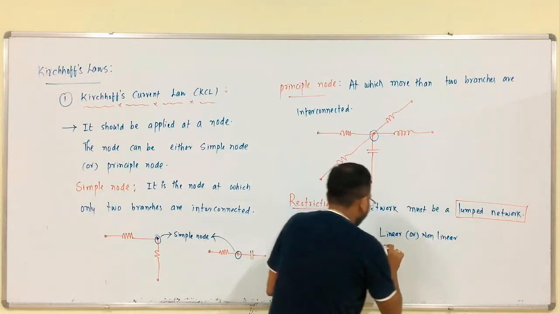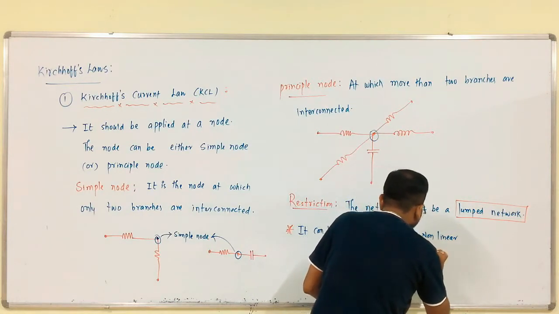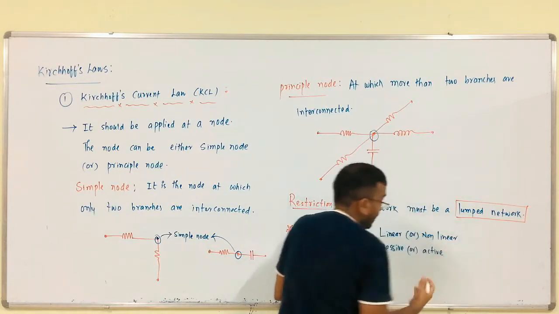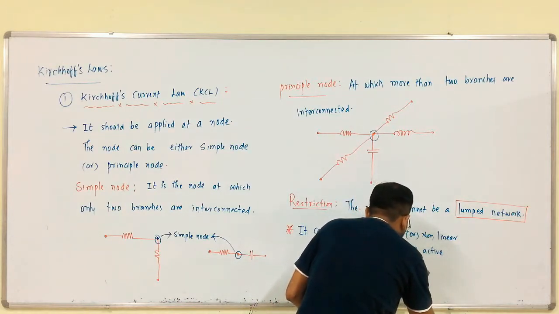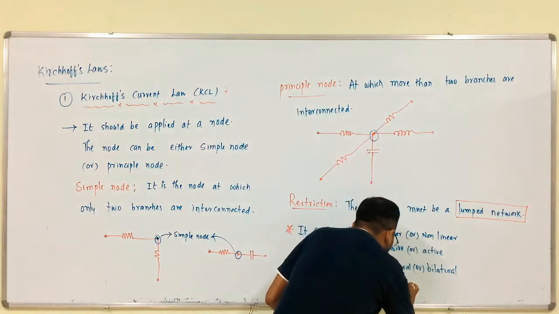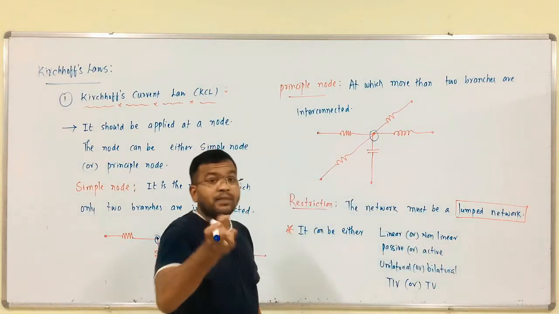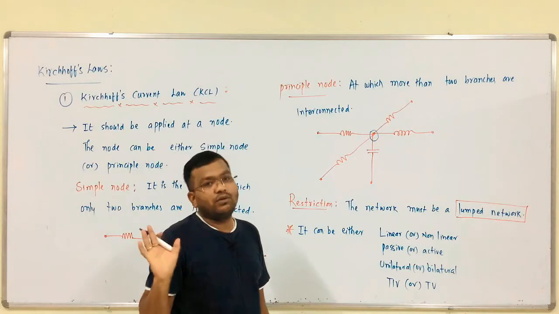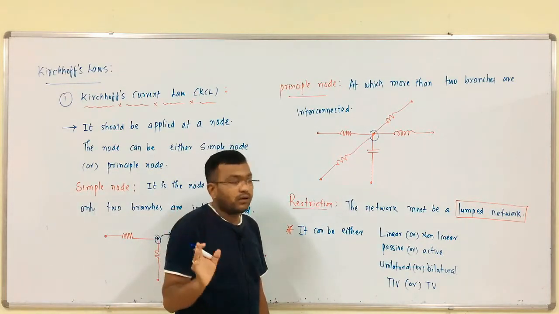It can be either passive or active. It can be either unilateral or bilateral. It can be either time invariant or time variant, but it should be a lumped electric circuit, that is it. So, this is the most important restriction.